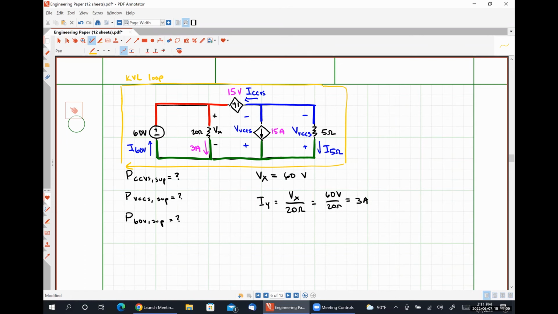The reason I chose that particular path by which to apply Kirchhoff's voltage law is because the voltage VCCS is the only unknown voltage around that path, right? On the left-hand side, we have a known voltage of 60 volts.